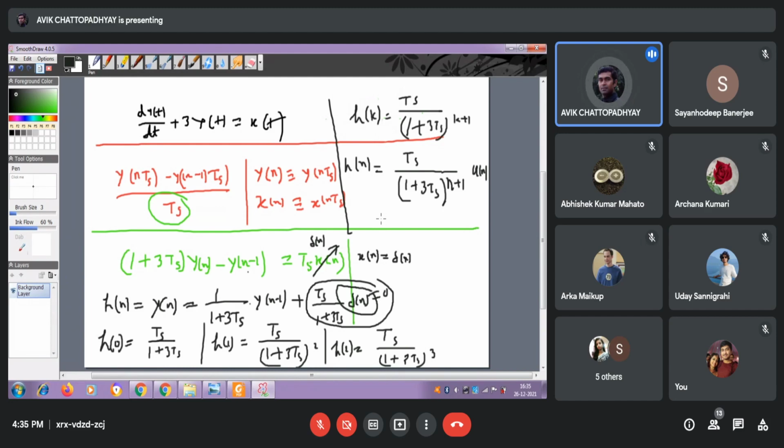Suppose you shift your delta function, so that instead of n equals 0, the delta function occurs at n equals capital N. Under that condition, y[N minus 1] would be 0, because after all it is causal. So before application of that impulse, there cannot be any output.